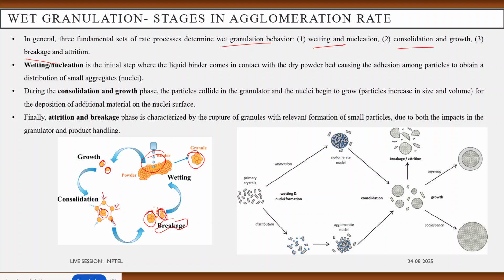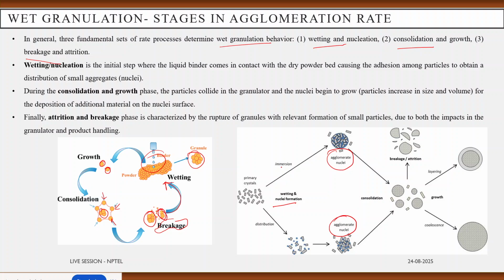The smaller particles are again taken for wetting with the binder liquid, and they again form granules, and this cycle continues. This picture also shows the granule formation. Here the wetting and nuclei formation occurs, and they form agglomerated nuclei.